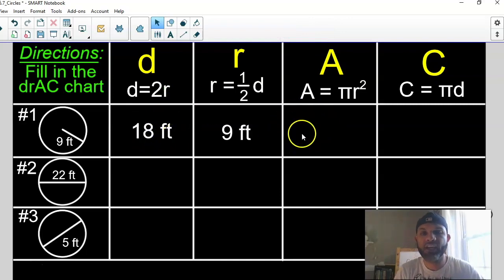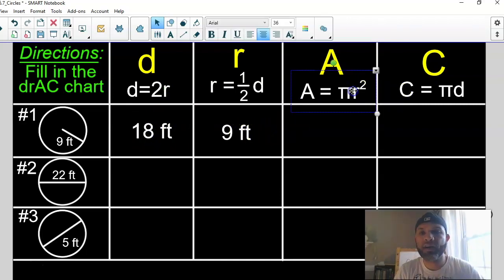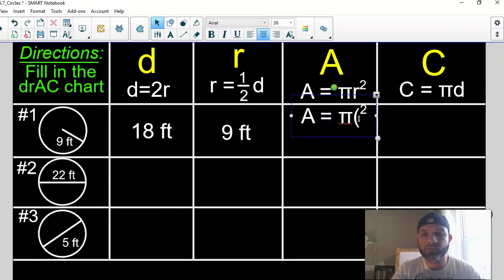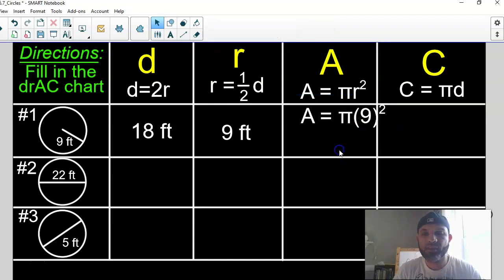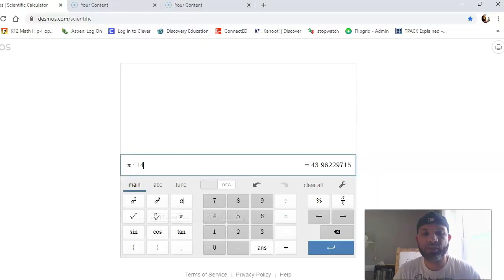Now area is equal to pi times the radius squared. So I'm going to clone it here, and I'm going to substitute. Well, the radius is 9, so it's going to be pi times 9 squared. So let's do that, using our Desmos calculator.